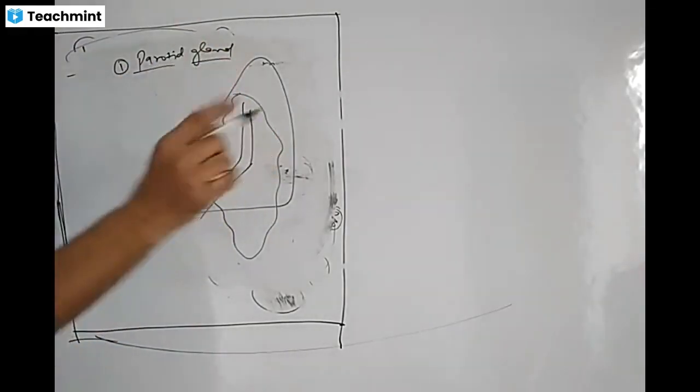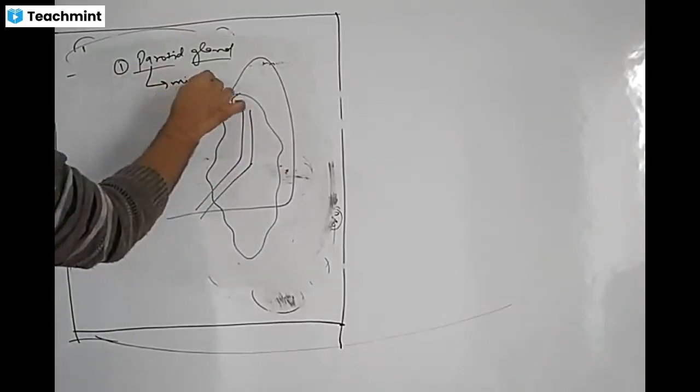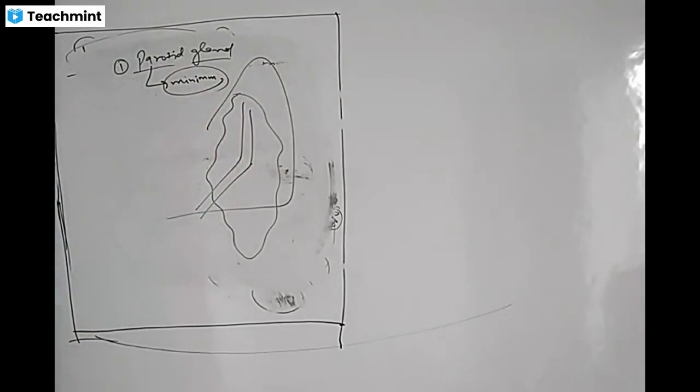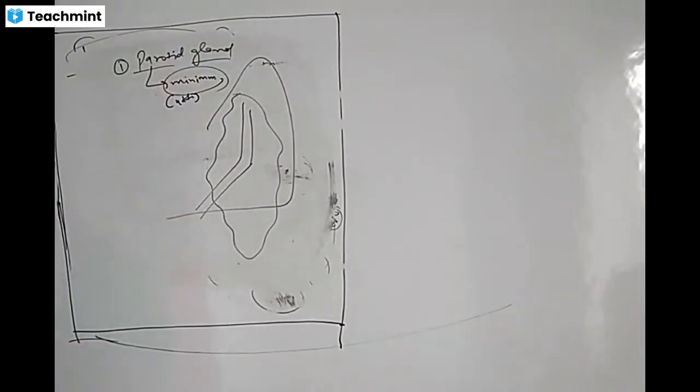So during dissection, you should try to make an incision with minimum cutting of the parotid gland. First, if you know the anatomy, you should avoid the parotid gland.